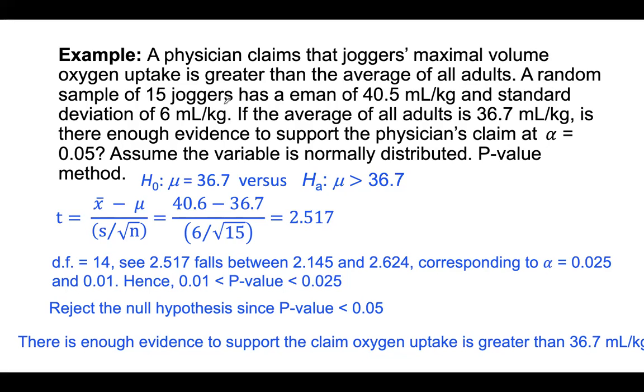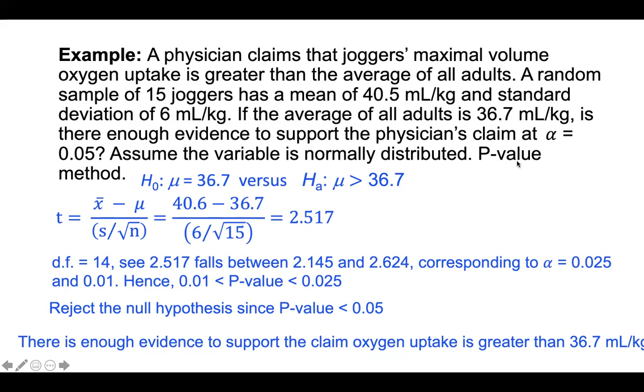A random sample of 15 joggers has a mean of 40.5 and a standard deviation of 6 milliliters per kilogram. If the average of all adults is 36.7, is there enough evidence to support the physician's claim at alpha equals 0.05? Assume the variables are normally distributed.